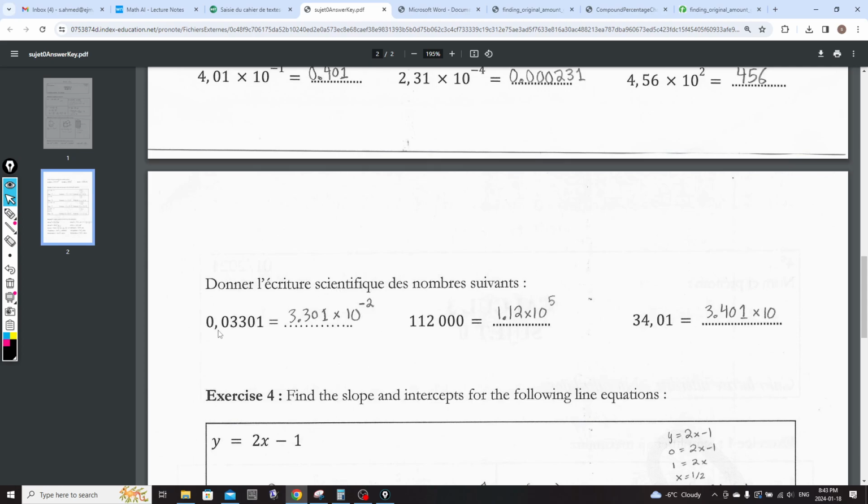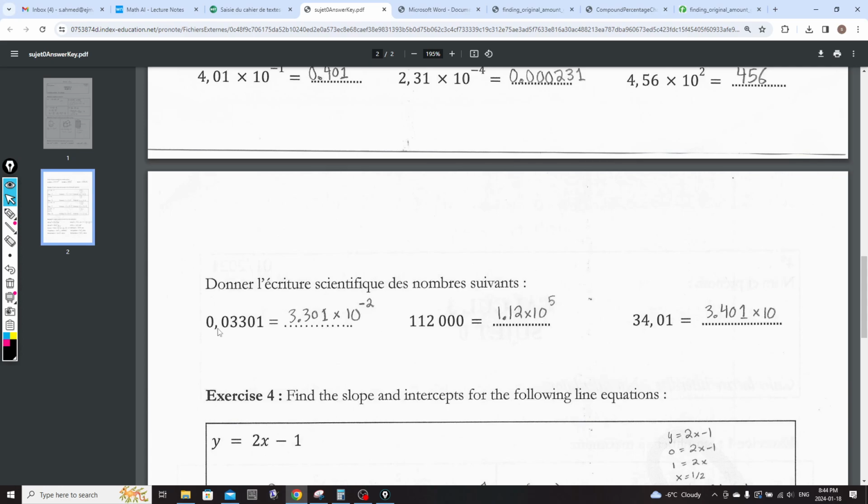Now here we're being asked to take these values and write them using scientific notation. So when I want to write these in scientific notation, I just want to make sure that my initial value right here is a value between 1 and 9.999, right? So to do that, I just have to move my decimal point in the proper direction so as to get a value right here that is within that interval.